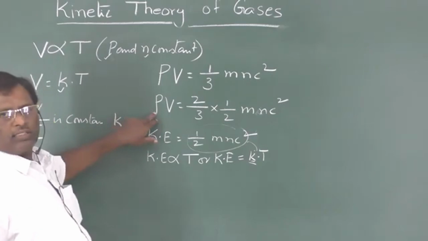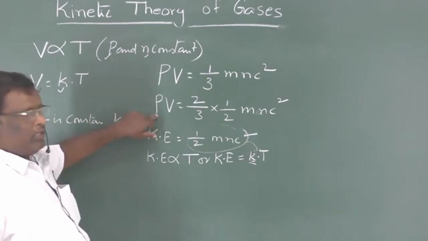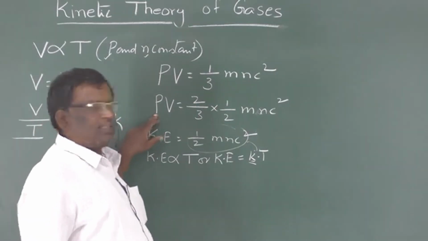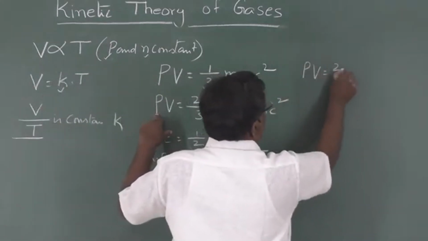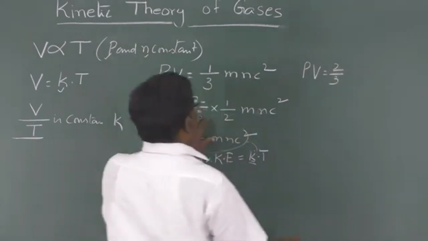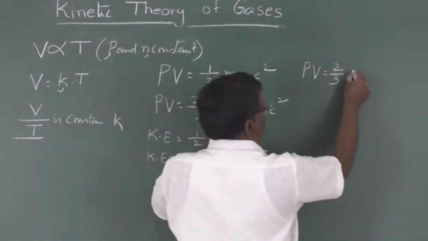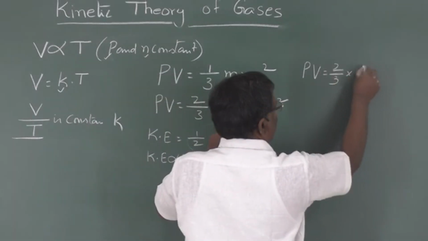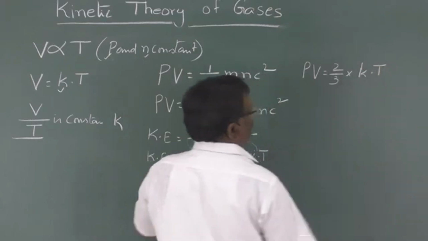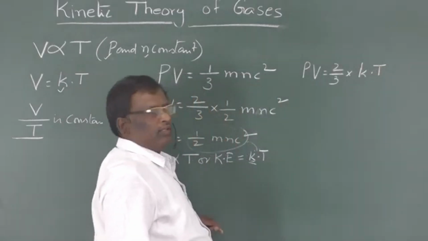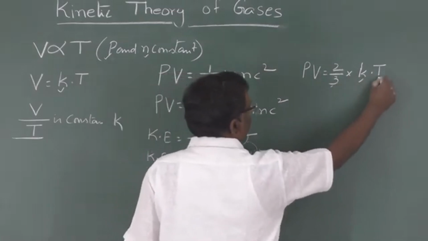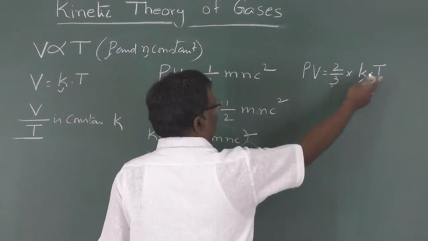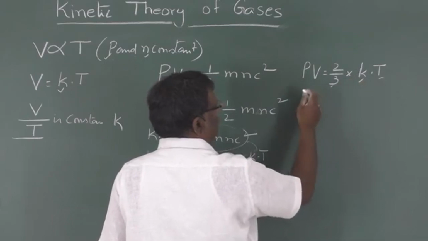Now, this kinetic gas equation can again be rewritten as PV is equal to 2/3, and instead of half mnc square, you can write K into T. Here 2/3 is a constant, K is a constant, and capital T is the absolute temperature.